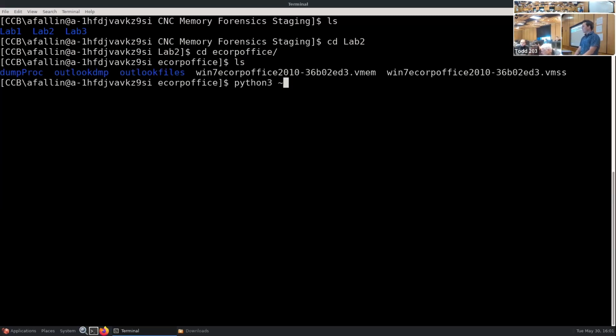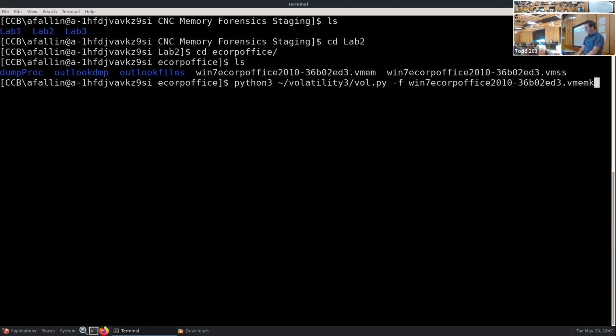This is going to let us type in Volatility 3, and the file we're going to be running is vol.py. Then we're going to do -f to give it a file.